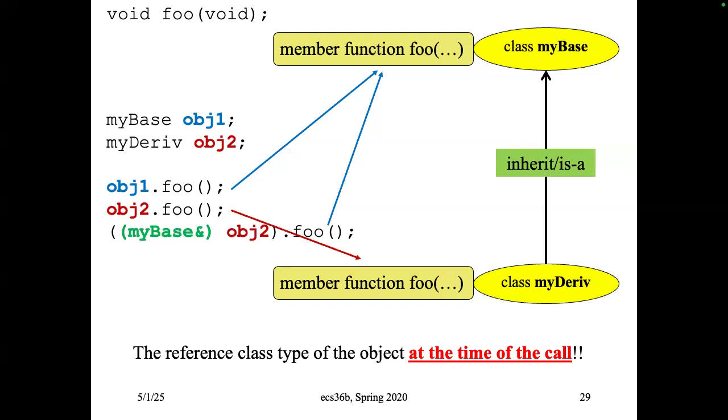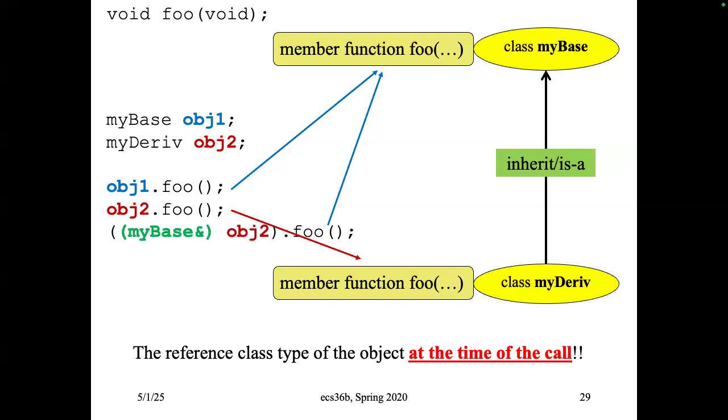But let's look at the casting. The compiler knows this as well. The compiler will know that obj2 belongs to my derived. But the compiler also knows the meaning of casting. So the compiler will do a conversion to convert the data type of obj2, or generate code to do the conversion in situations where it's needed, and so the compiler knows the whole thing between this pair of parentheses actually belongs to the type my base.